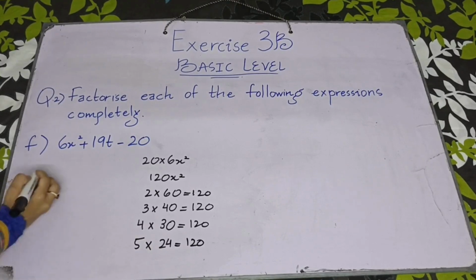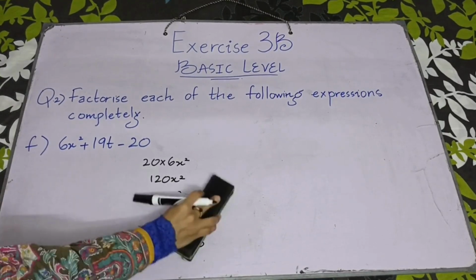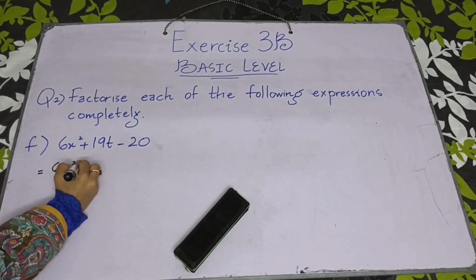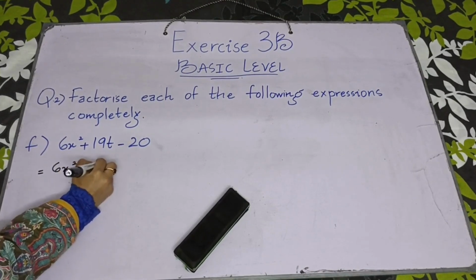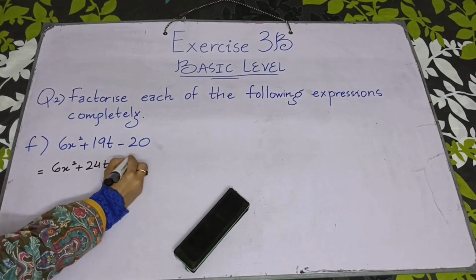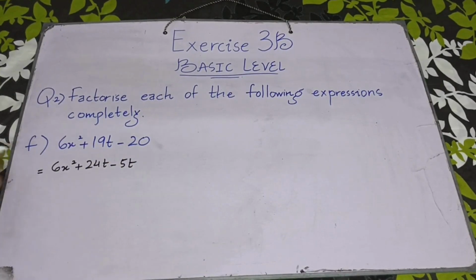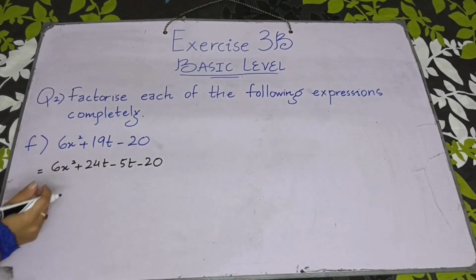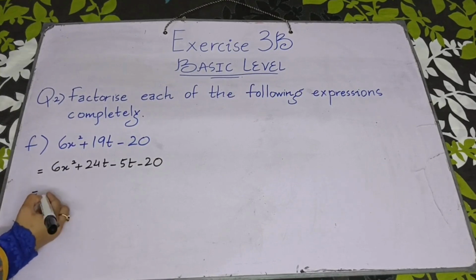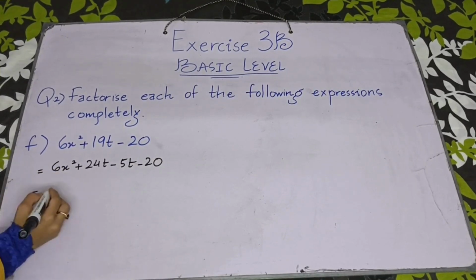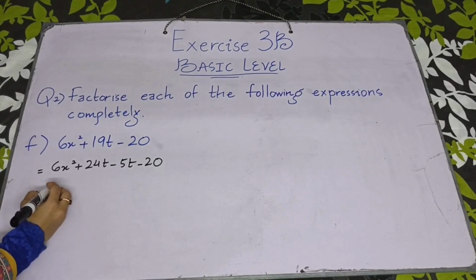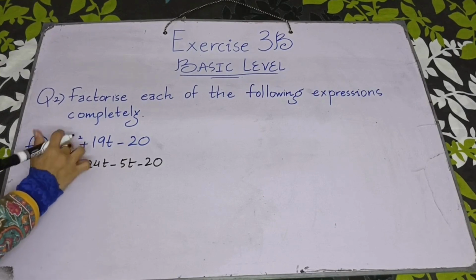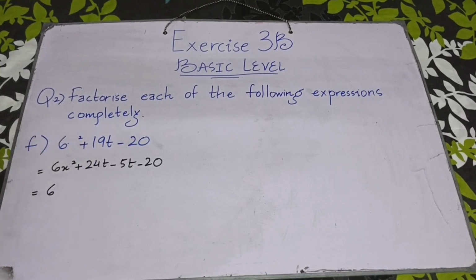So 6x square plus 24t minus 5t, the sign of the greater number will come with the greater number. Again, now we are going to take out the common. 6 and 24, the common will be 6, and we have t over here.